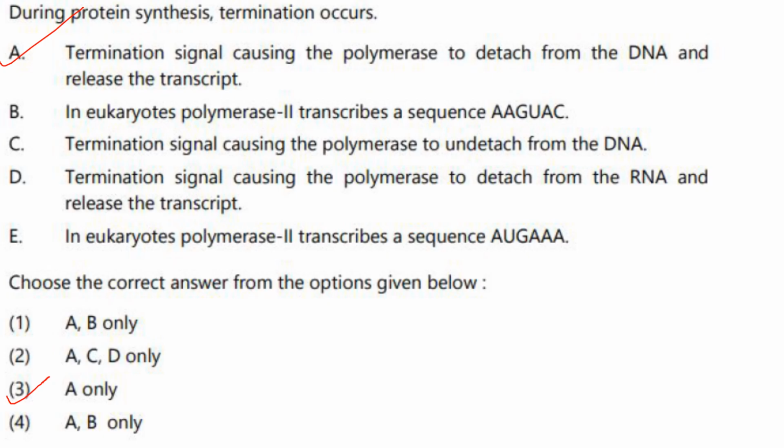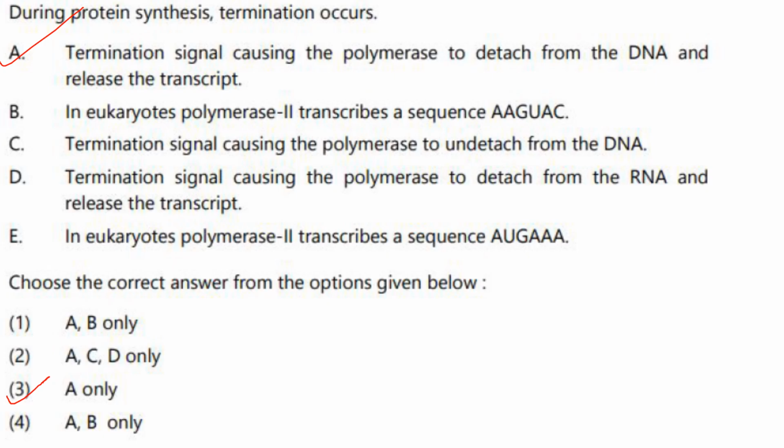In eukaryotes, RNA polymerase 2 transcribes DNA into RNA during gene expression, but it doesn't directly participate in protein synthesis termination. Protein synthesis termination occurs during translation, not transcription, and it involves release factors and ribosomes recognizing stop codons like UAA, UAG, UGA on the mRNA. So that's what happens in eukaryotes.